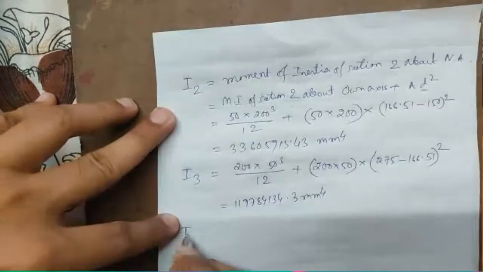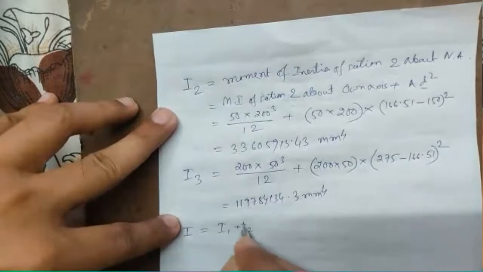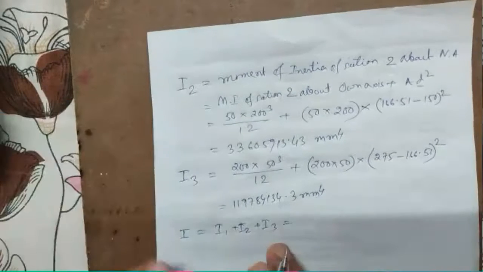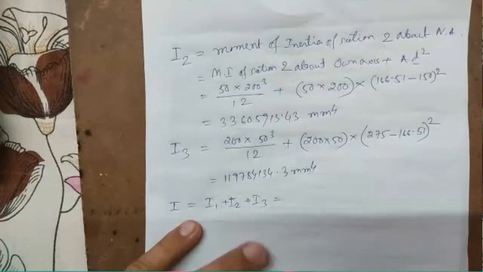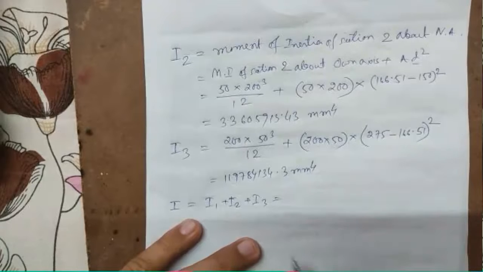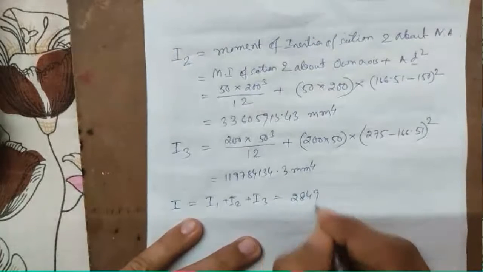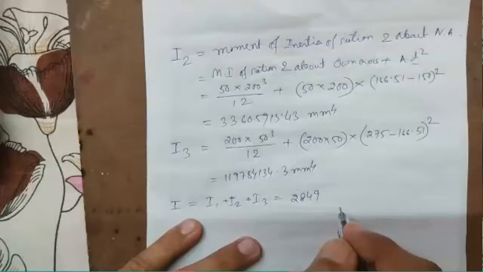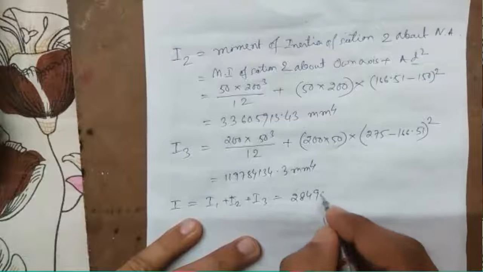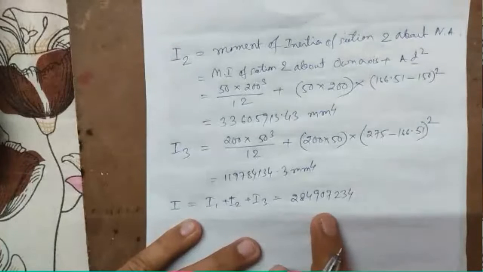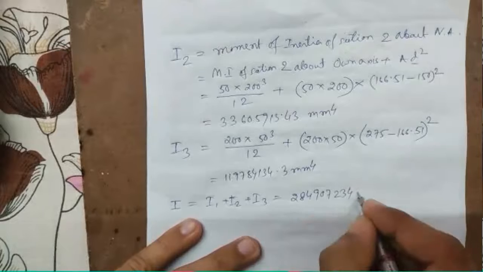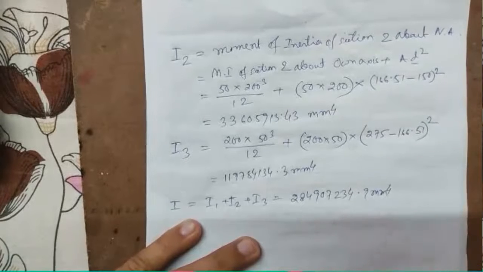So from here we can say I is equal to I1 plus I2 plus I3, all calculated about the neutral axis. So now this can be summed up, and the value will be 284907234 millimeters to the power 4.